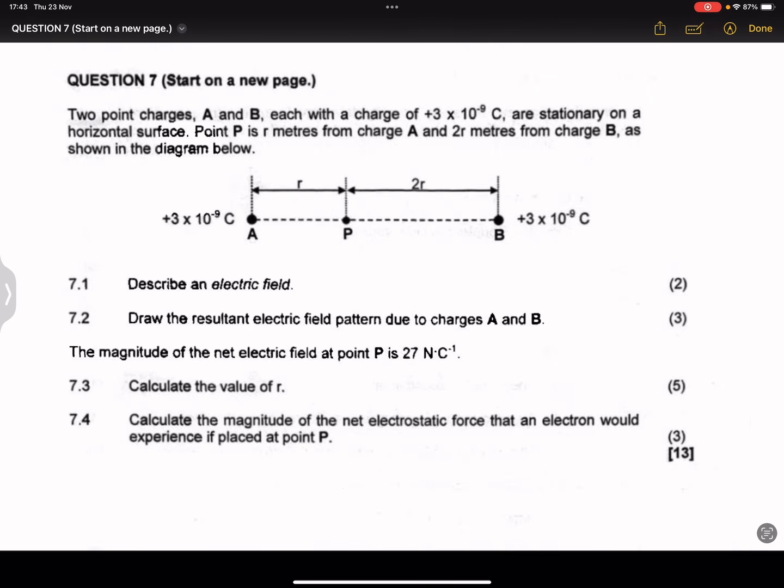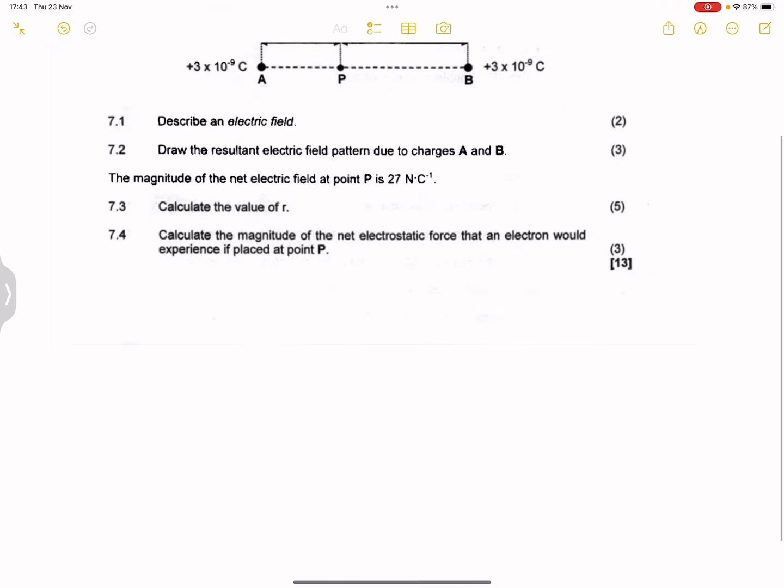Right, so they say draw the resultant electric field pattern due to charges A and B. Now remember, both of them are positive, so let's do this.